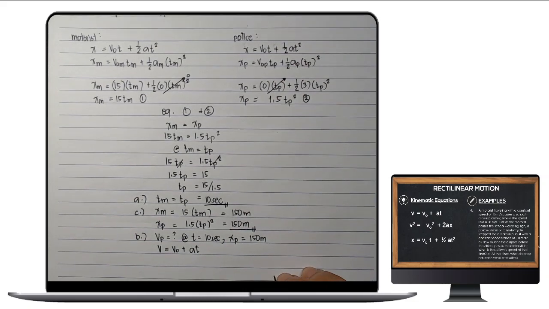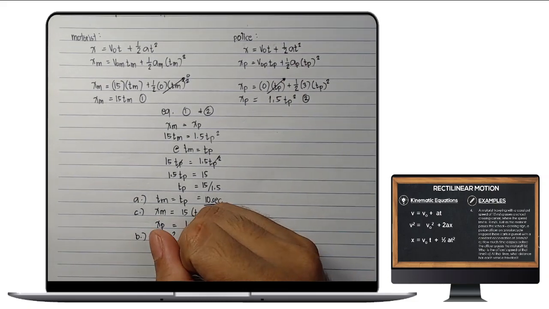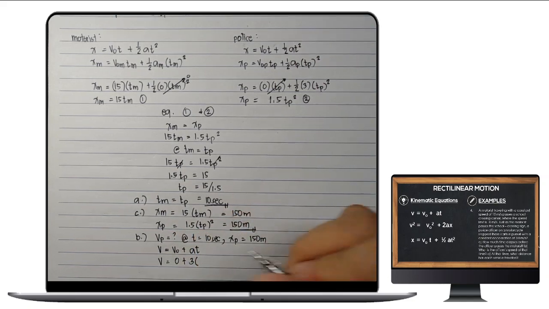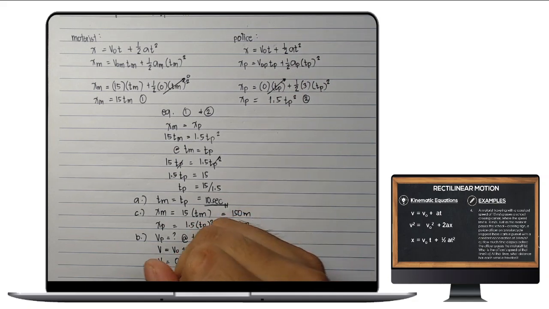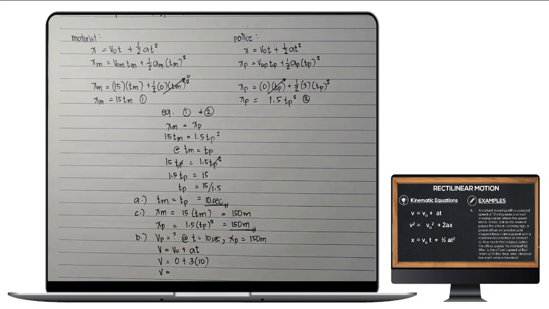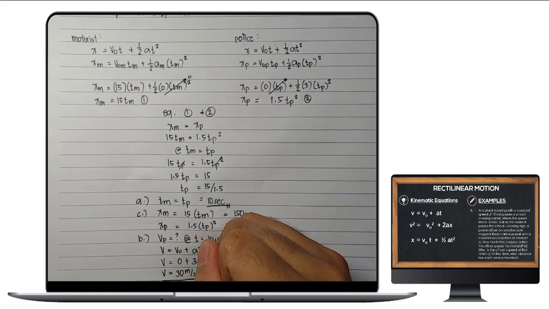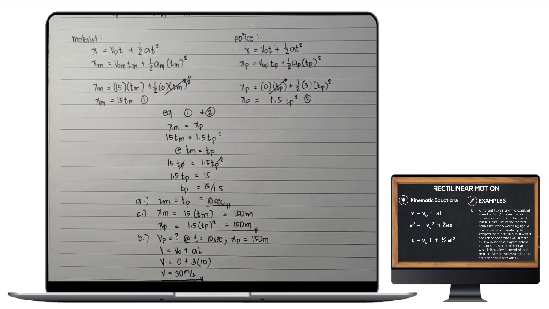So the velocity is equal to 0 plus 3 times the time of the police. The time of the police is 10. So his velocity is 30 meters per second. That is the velocity of the police.